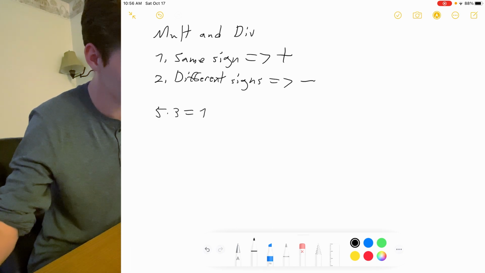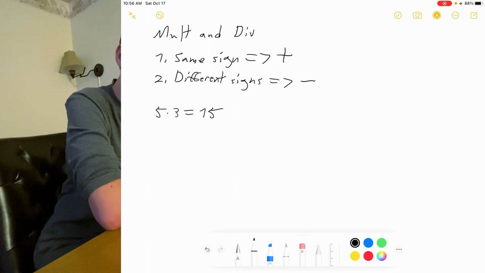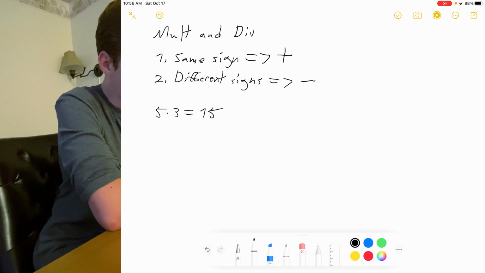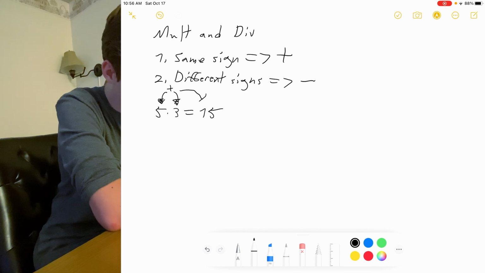Well, that's going to be 15, right? And notice they have the same sign. They're both positive. Both of these numbers are positive. And it's going to equal 15. The answer is positive. So if both of these are positive, then the answer is also going to be positive.